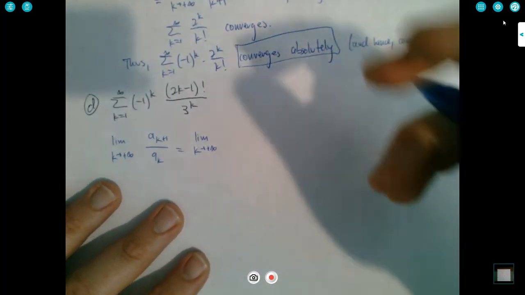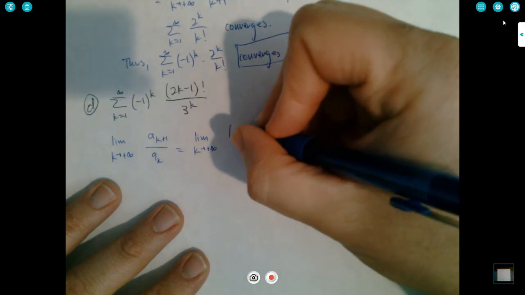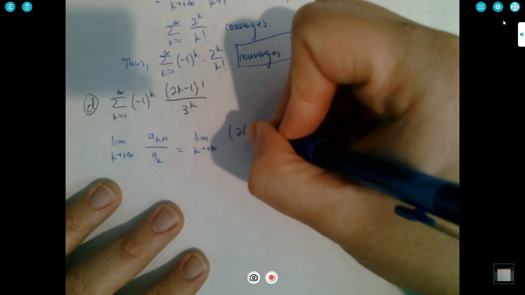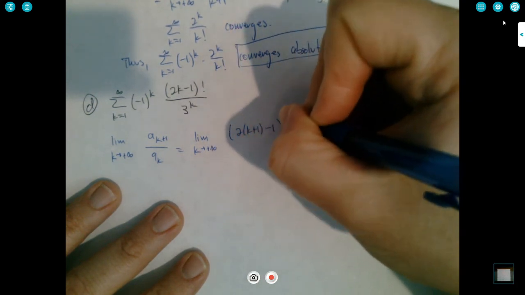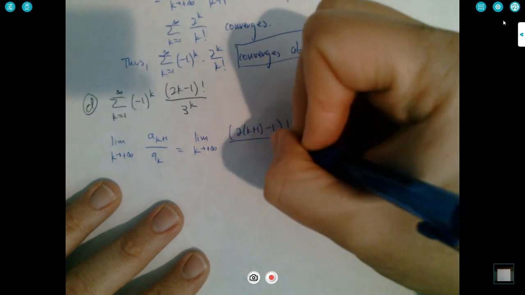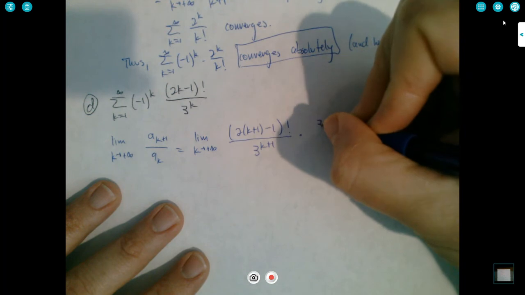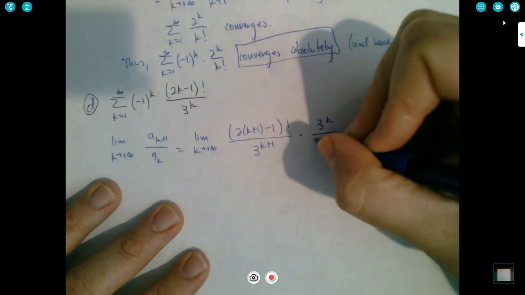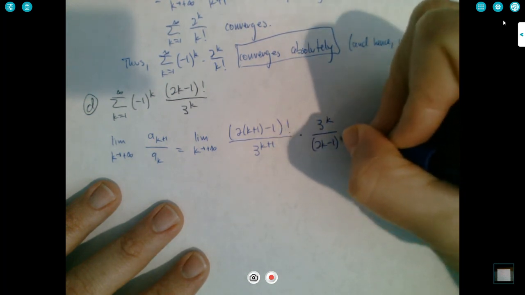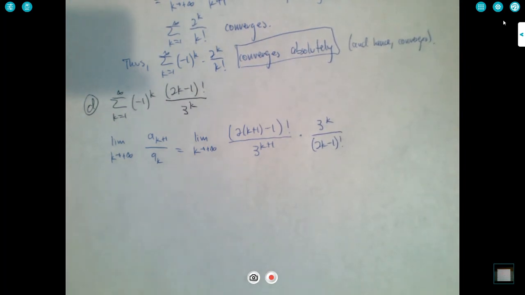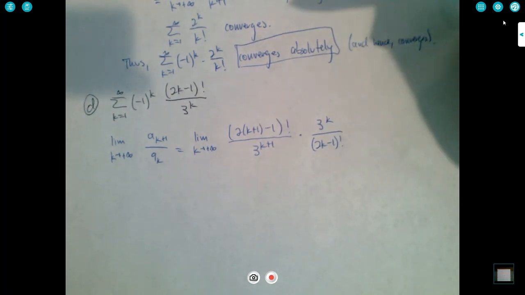So I'm going to have 2 times k plus 1 minus 1 factorial over 3 to the k plus 1 times 3 to the k over 2k minus 1 factorial. So let's think this through.